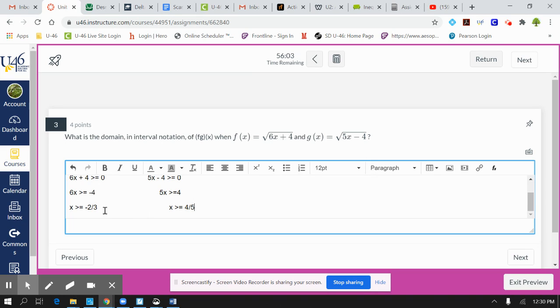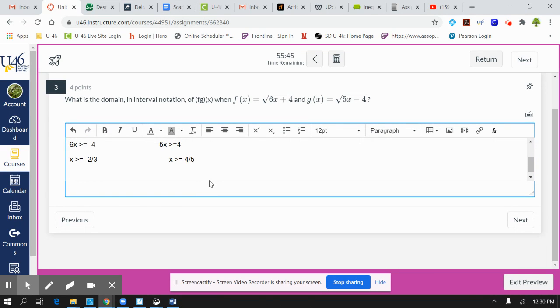Now, both of these things have to be true because x is going into f and x is going into g. Well, if x is greater than or equal to 4/5, it is by consequence already greater than or equal to negative 2/3. So the domain is just this one. X is greater than or equal to 4/5.